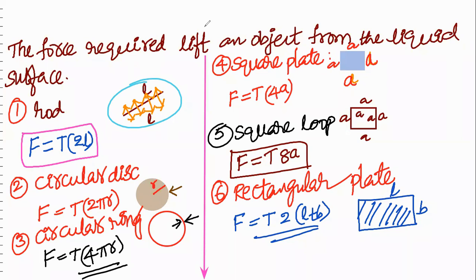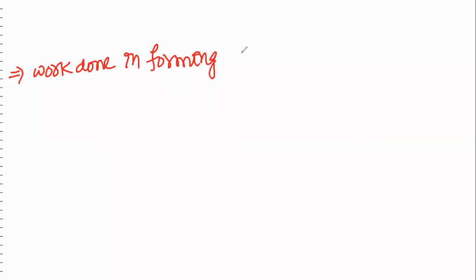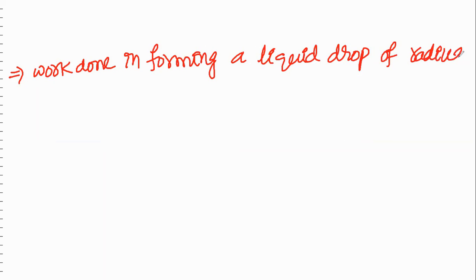Work done in making, in forming a liquid drop of radius capital R. Work done in lifting a drop, work done in forming a liquid drop of radius capital R is.